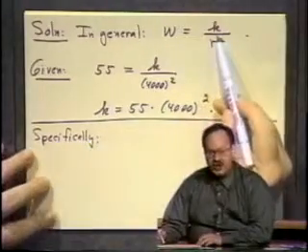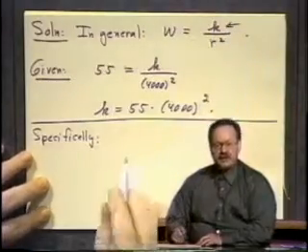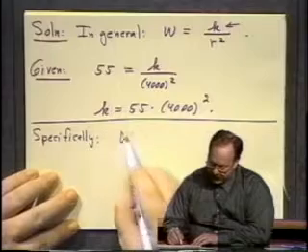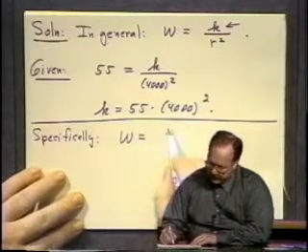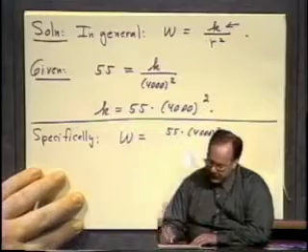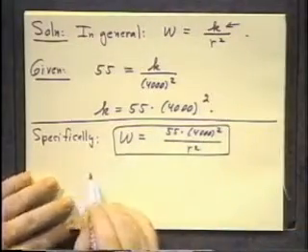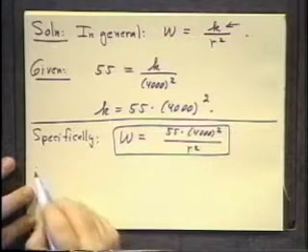Here I had the general form, but k was unknown. Now I know what k is, I can write specifically what the formula is. So W is equal to 55 times 4,000 squared over r squared. Now I can answer the question I was given.